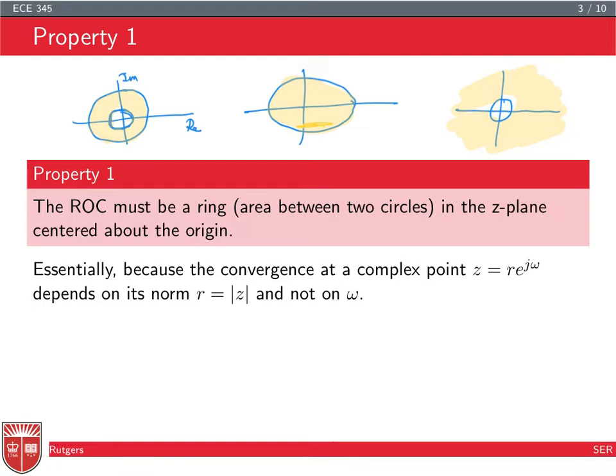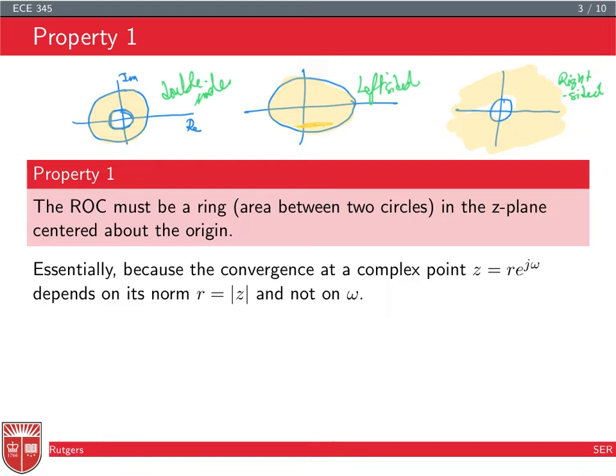So basically, and we will see these again probably, this is right-sided, this is left-sided, and this is double-sided. So this is basically what the property is saying.